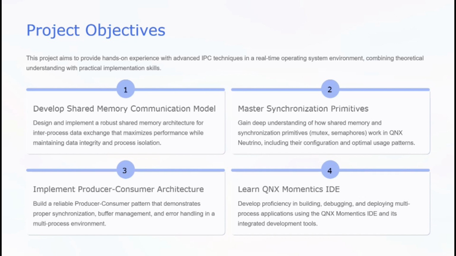We also implement a producer-consumer architecture, which we can also refer to as a client-server architecture. It is a producer-consumer pattern that demonstrates proper synchronization, buffer management, and error handling in a multi-process environment. The project has been implemented in the QNX Momentics integrated development environment.